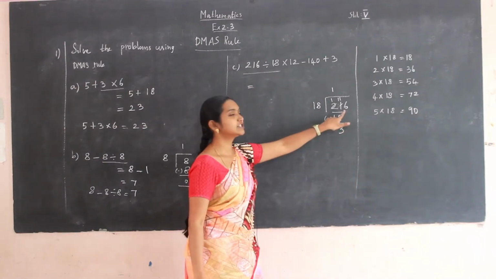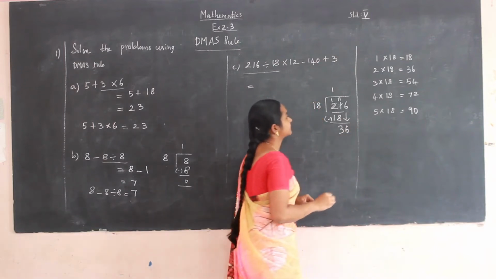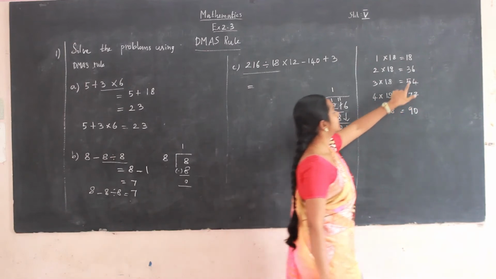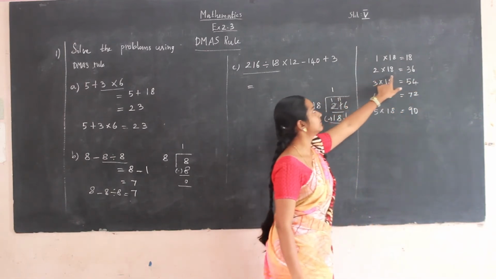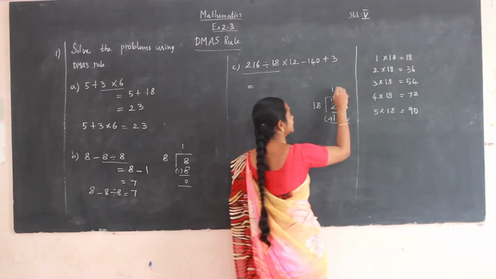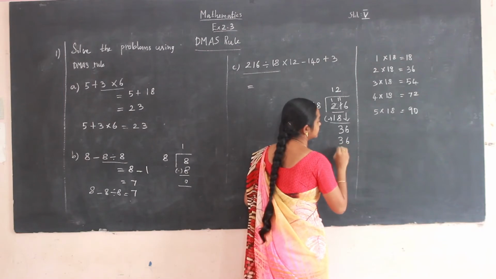Now bring down the 6. Now look at the number nearer to 36. We have 2 into 18 equal to 36. So write 2 in the quotient. 2 into 18 is 36.